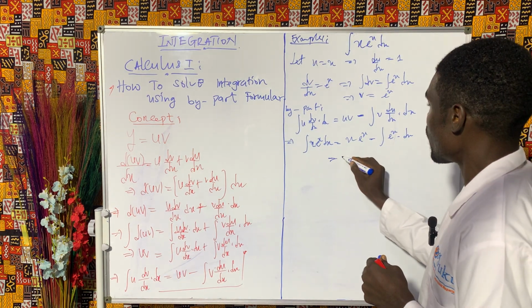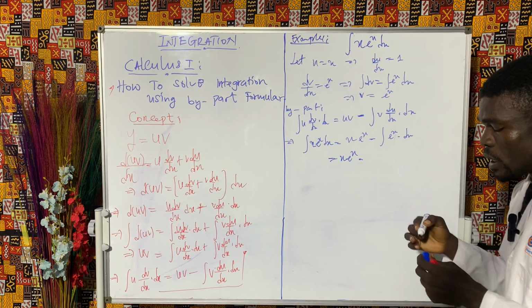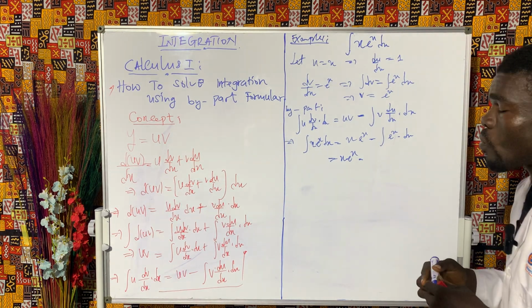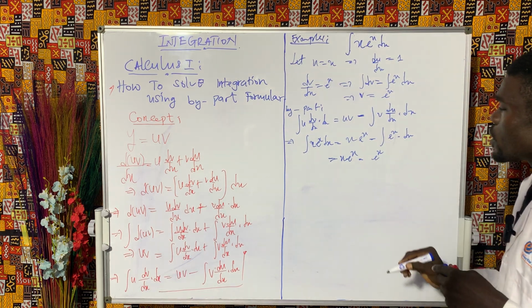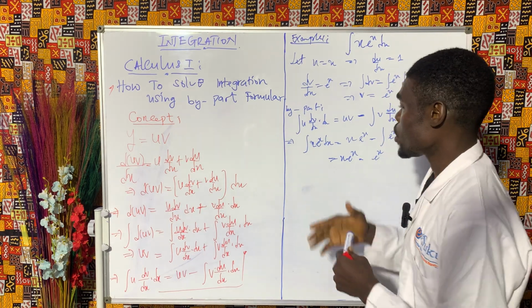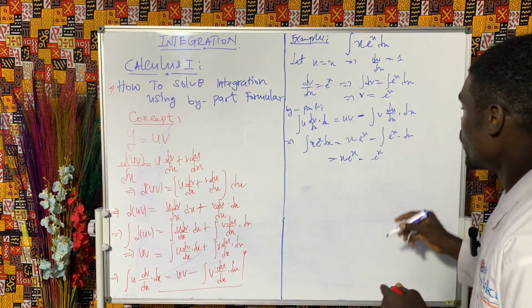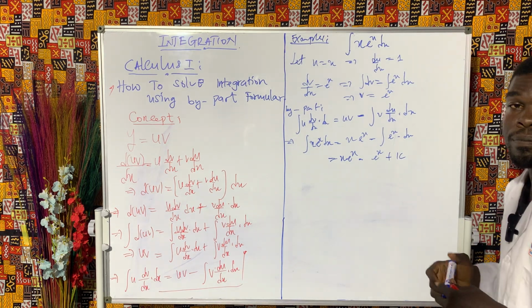So finally, we have x e to the x minus the integral of e to the x, which by the exponential view generates just e to the x. Now, because our integral is indefinite, we add the constant of integration as plus k, as you can see.